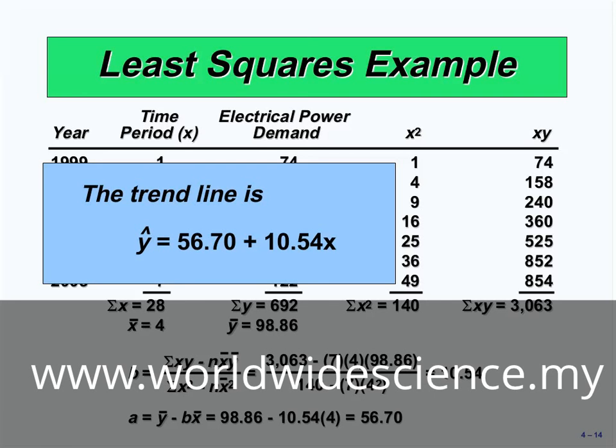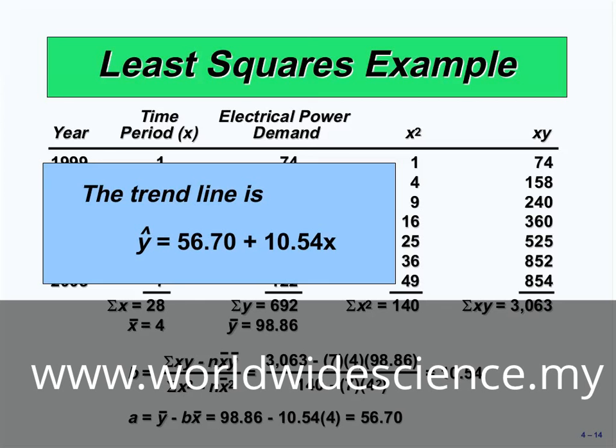Because as I told you, you should allocate a number to each year. You cannot use the year directly. For example, you cannot replace X with 2007 and say the demand for power is this amount. You replace X by different numbers for different years.